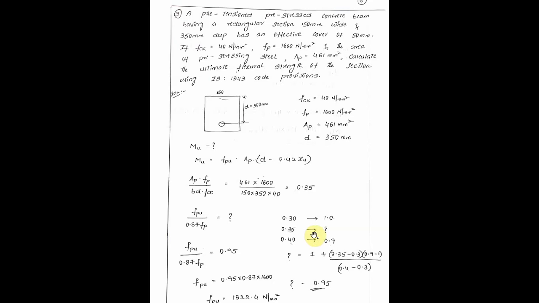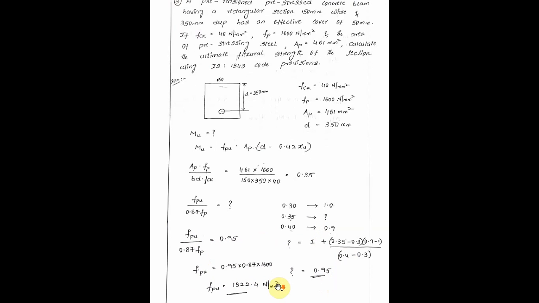So for 0.35 it will be 0.95. Therefore fpu equal to 0.95 into 0.87 into 1600. Therefore fpu equal to 1322.4 Newton per mm square.